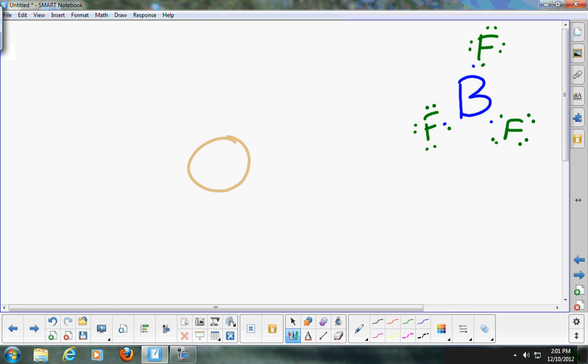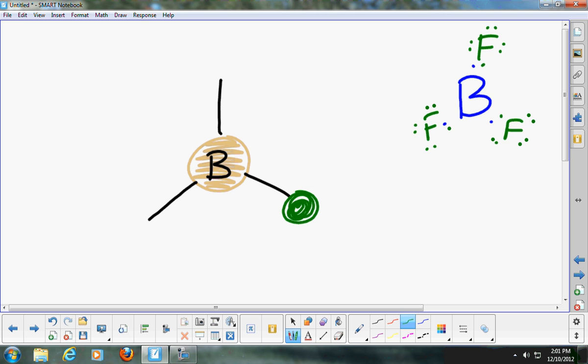The center is boron. And then we're going to attach to it 3 things, 1, 2, 3. Those 3 things are fluorines.